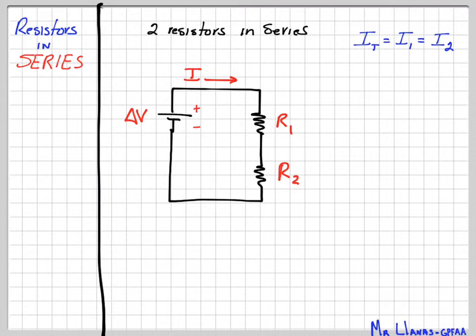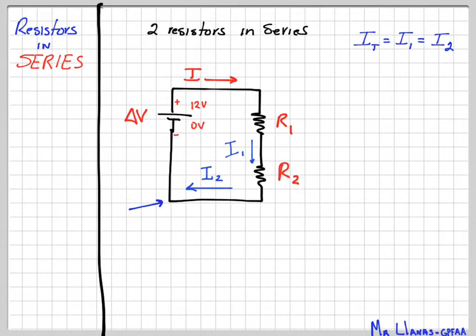So the current will go through resistor 1, resistor 2, but the current will be the same, and that's where we get the equation at the top right of the screen. The total current equals current 1 and current 2, because it has no option of where else to go. It has to go through those, and in series circuits, the current is always the same.